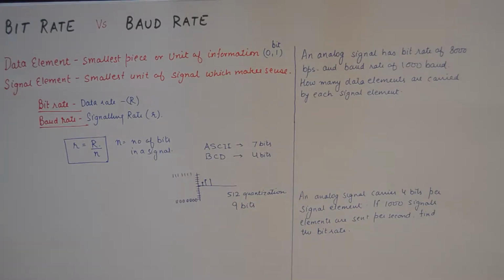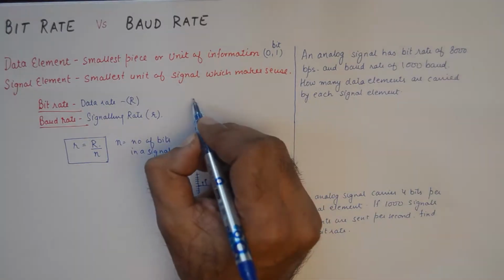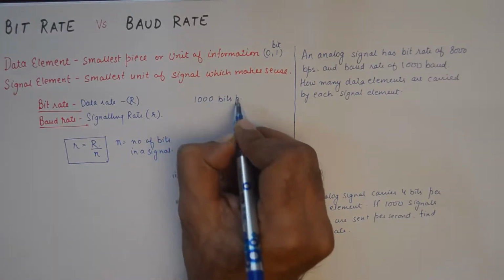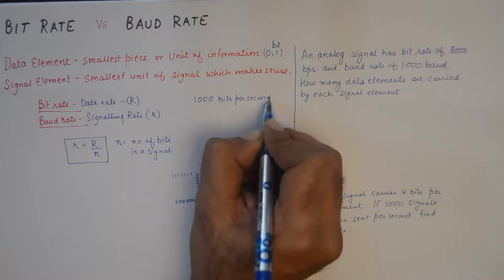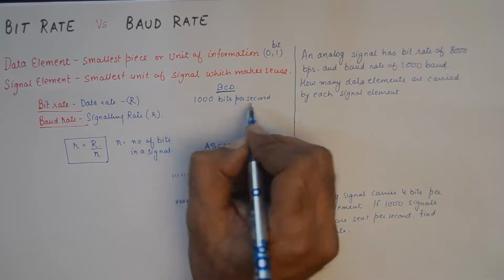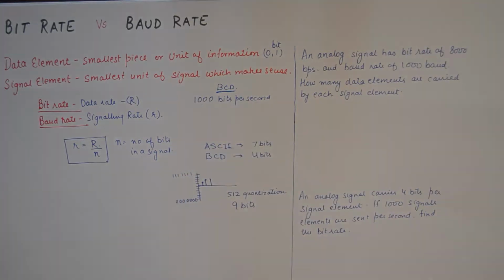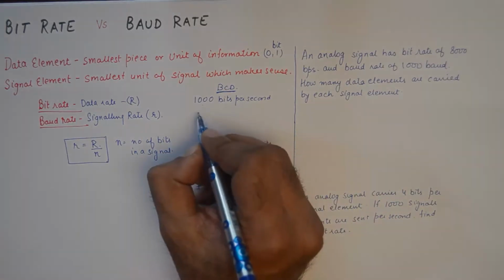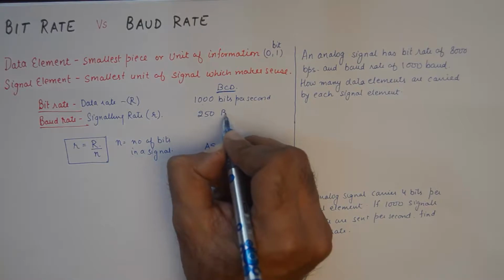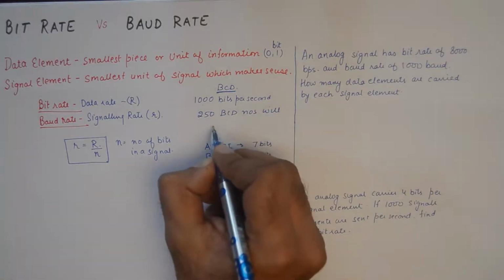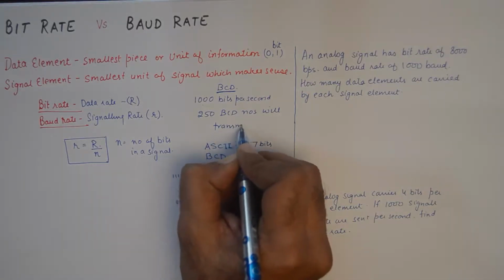It is easy to comprehend with an example. We want to transmit BCD numbers. If the data rate is 1000 bits per second for BCD numbers, so 1000 bits are being transferred per second, that would mean that each BCD number is 4 bits long, so 250 BCD numbers will be transmitted in 1 second.